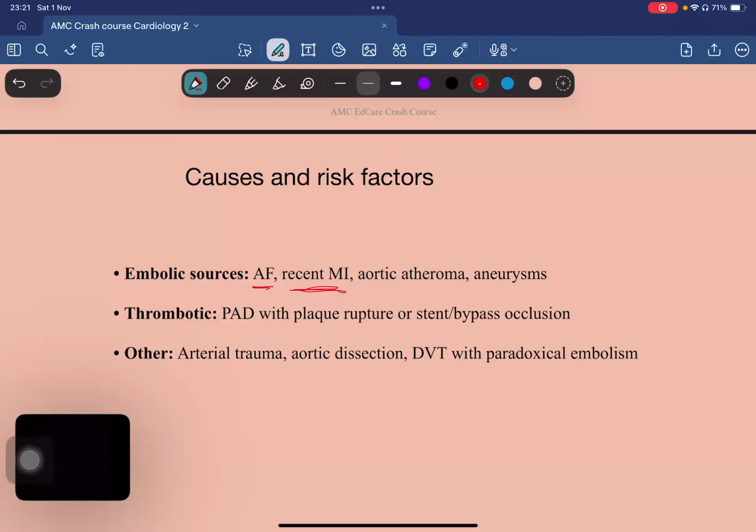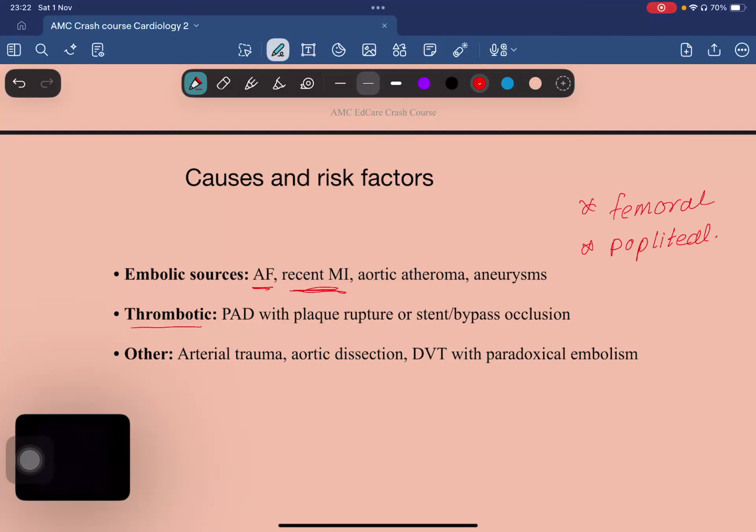It is very common in the femoral and popliteal arteries. Thrombosis, on the other hand, happens when a pre-existing plaque or a bypass graft suddenly clots off. Those are the two main causes of acute limb ischemia.